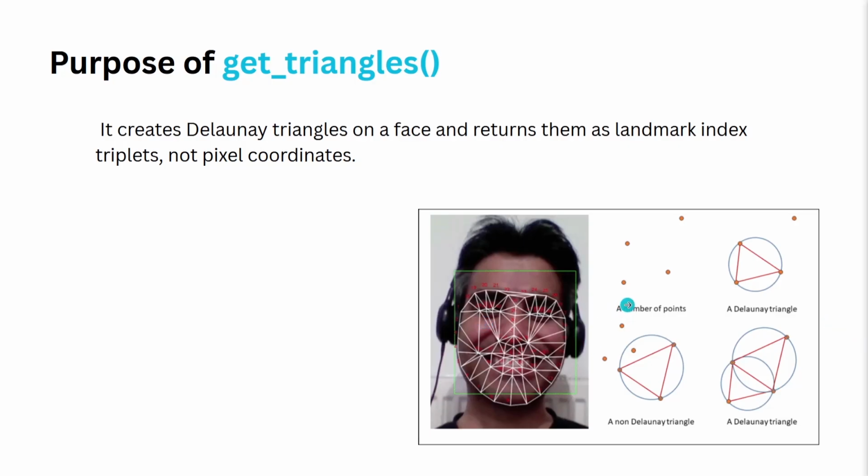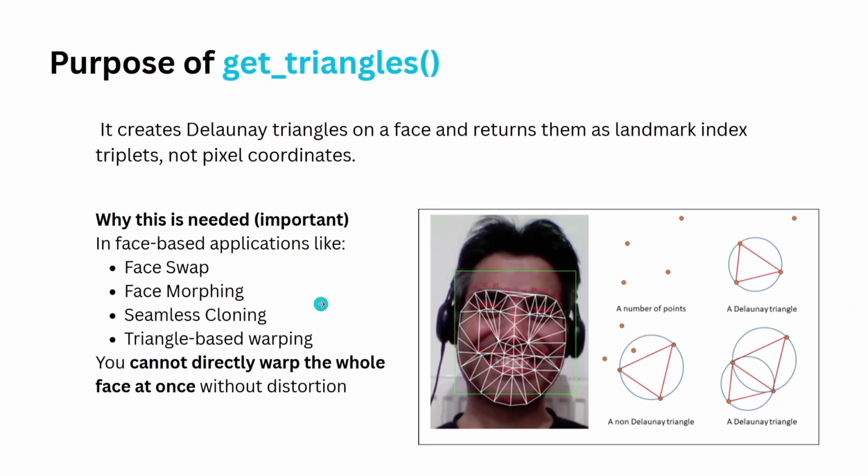As you can see in this example, we have a number of points, and this is an example of a Delaunay triangulation. And this is an example of a non-Delaunay triangulation, and you can see the difference between them. And this one is also an example of a Delaunay triangulation. Now the question is why this is needed, why it's important.